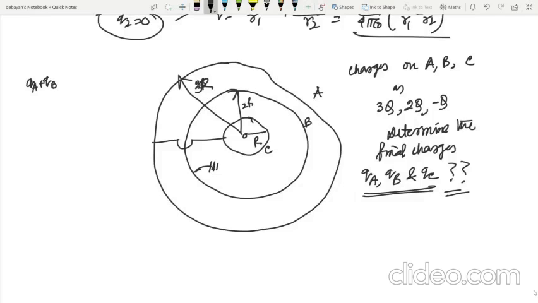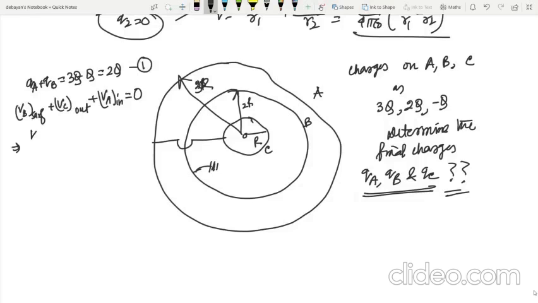So VB is the out surface, VA is inside the surface. VA equals VC, put that into the third equation, and solving the three equations you will get the answer.